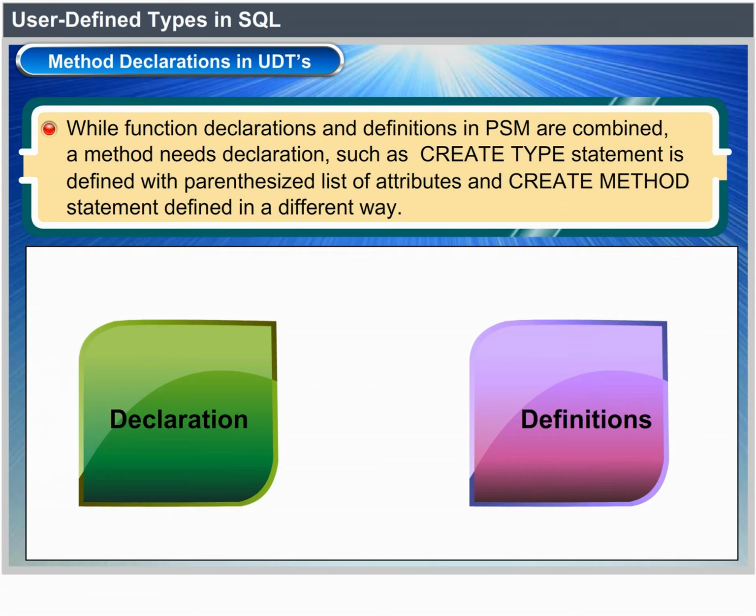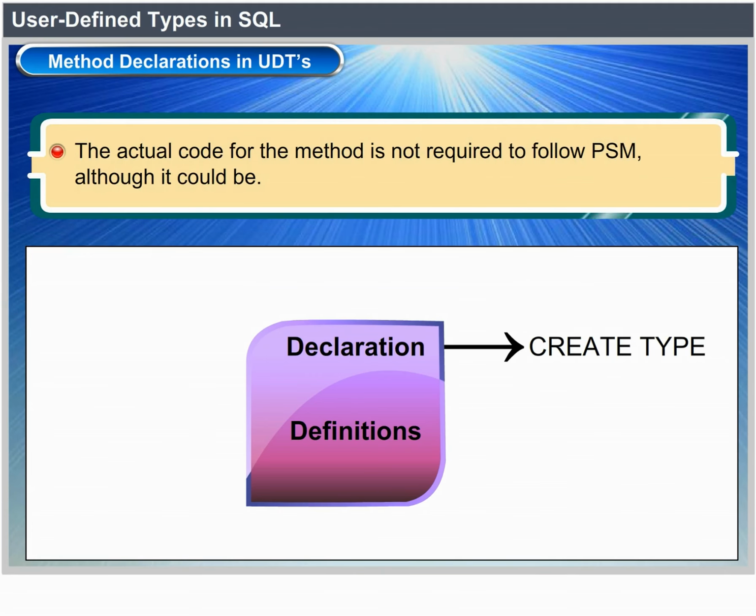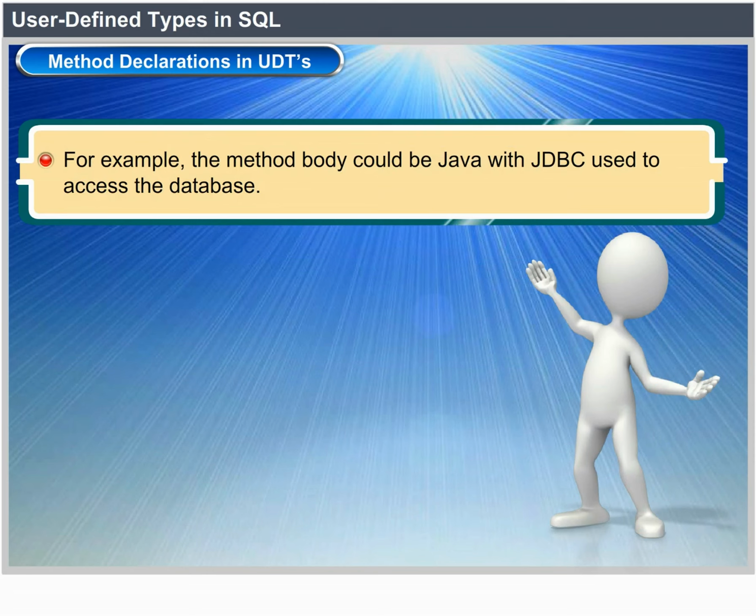A method needs both a declaration, which follows the parenthesized list of attributes in the create type statement, and a separate definition in a create method statement. The actual code for the method need not be PSM, although it could be. For example, the method body could be Java with JDBC used to access the database.